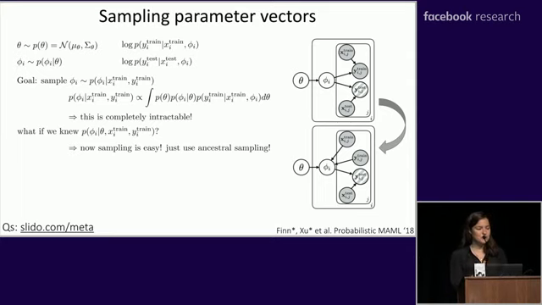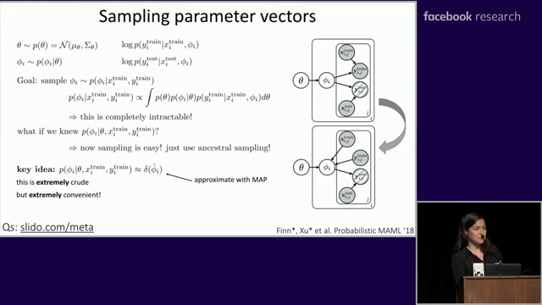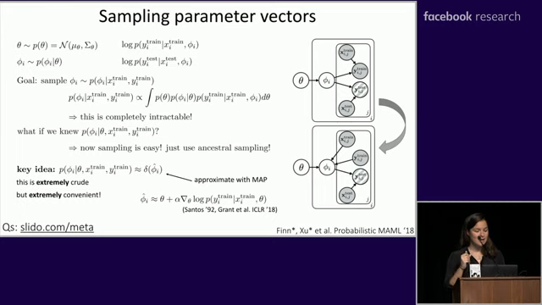And so the key idea is that we can approximate this distribution of phi given theta and D train as a point estimate using MAP. Of course, this is an extremely crude approximation, similar to the one that we use in MAML, but it's also extremely convenient. And in particular, if we do this approximation, we can still get samples from p of phi given the training data. And in fact, to do this approximation, we can use the same gradient-based MAP approximation as shown before, but we don't require doing the intractable integral at the top.